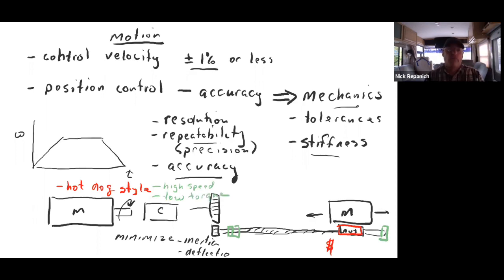Well, that's all fine, but whenever you have a high-speed motor with low torque, most of the time, if you think of things that you want to move, they're exactly the opposite of that. They are low speed, high torque. And that's what a direct drive motor or a hub motor is.